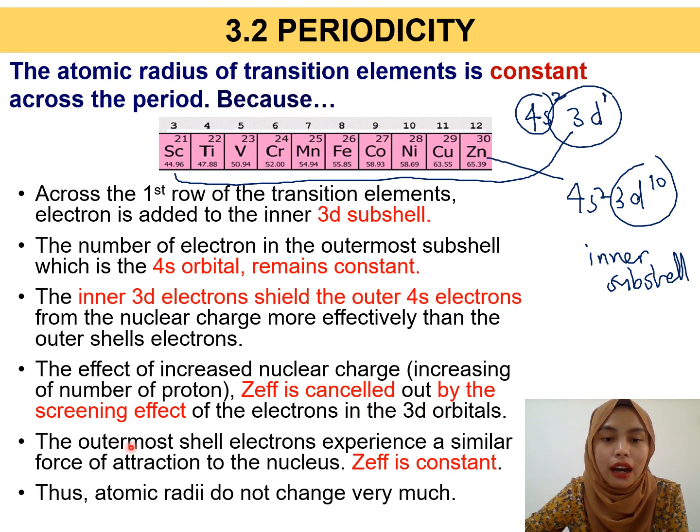Okay, and the outermost shell electrons will experience a similar force of attraction to the nucleus. Okay. Therefore, ZEF will be constant. Therefore, atomic radii does not change very much. So, if you tak boleh nampak ni, nanti kita Miss akan bagi illustration on this explanation later.